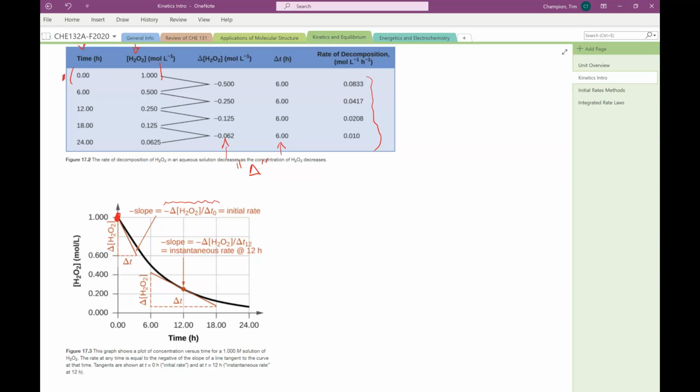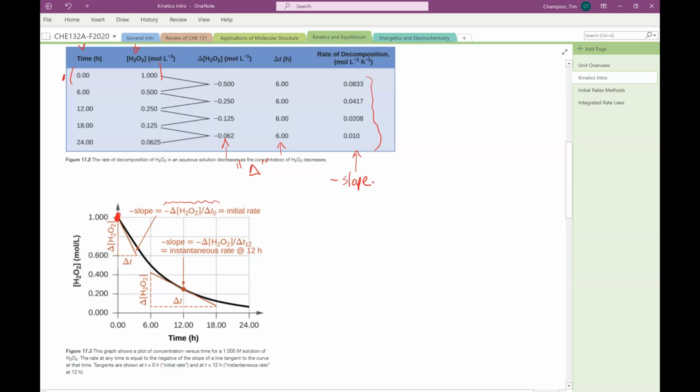The slope of the curve changes. What this is called is the slope of the tangent line. And so the slope at any one particular set of points appears to be changing as we go along, and that slope relates to the rate over here. So that's again related to the negative slope of the curve.